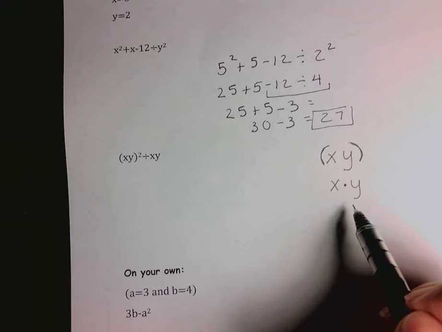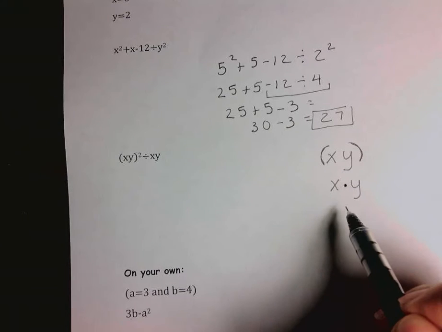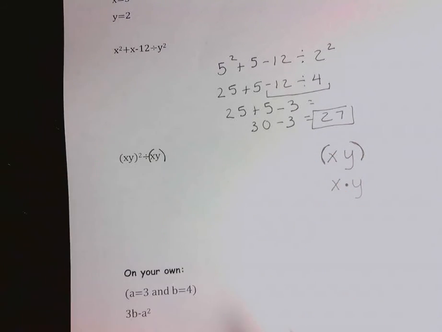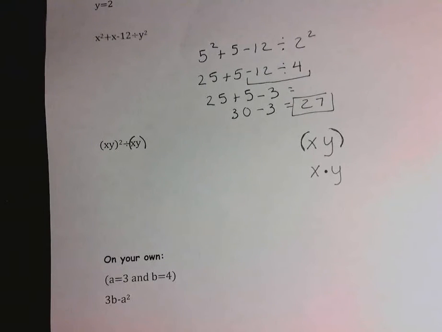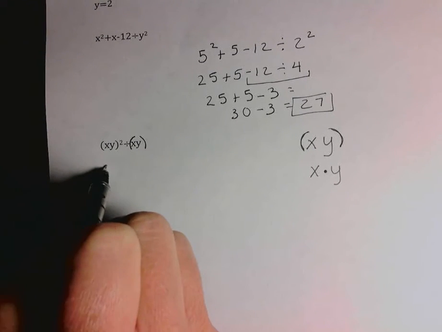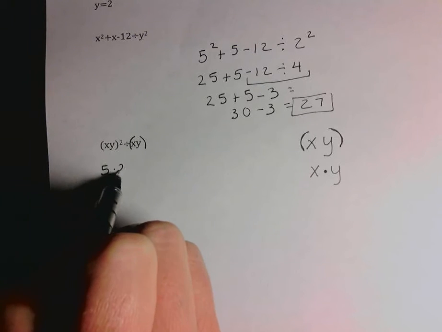So whenever you have two variables next to each other without this multiplication symbol in between them, they are to be treated as if they are grouped together. So go ahead and group them together and think of them as one group when you're going through your order of operations. So now I'm going to plug in the values for my variables, paying attention to my groupings.